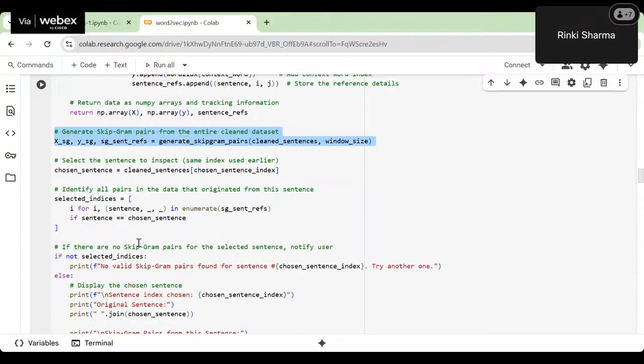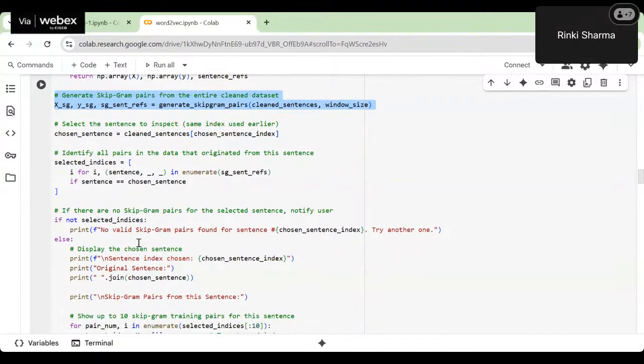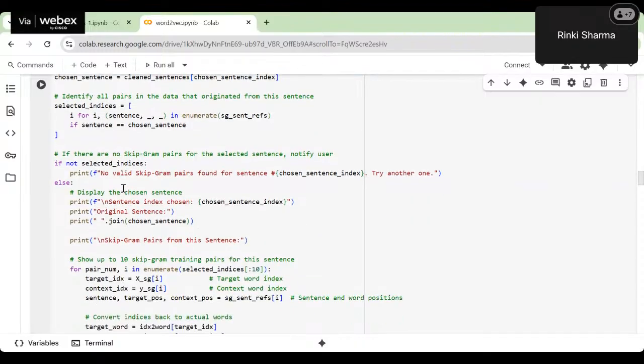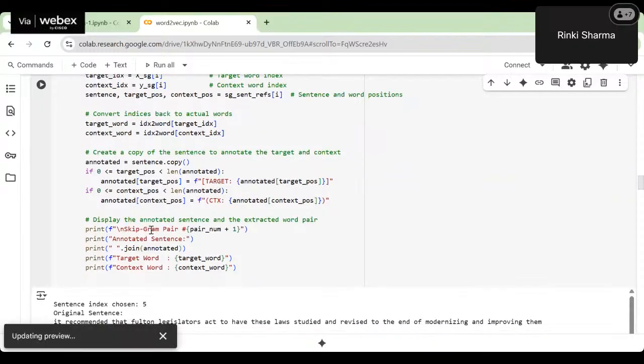So here again we can see how the skip-gram pairs look like. As I have chosen the sentence index 5, we will print all the skip-gram pairs for our defined window size for the sentence index 5.